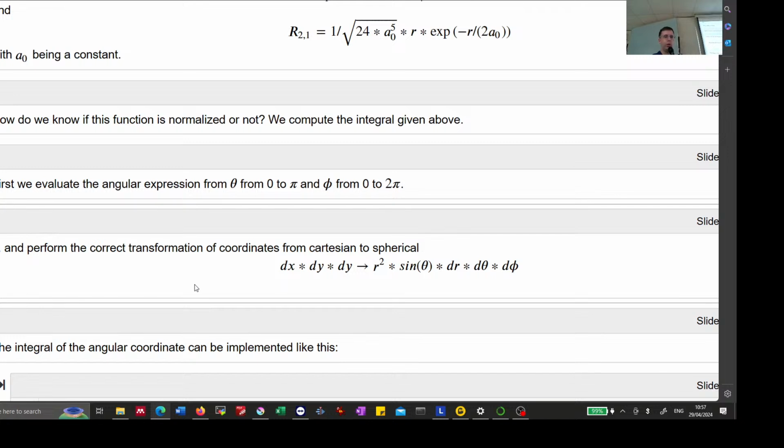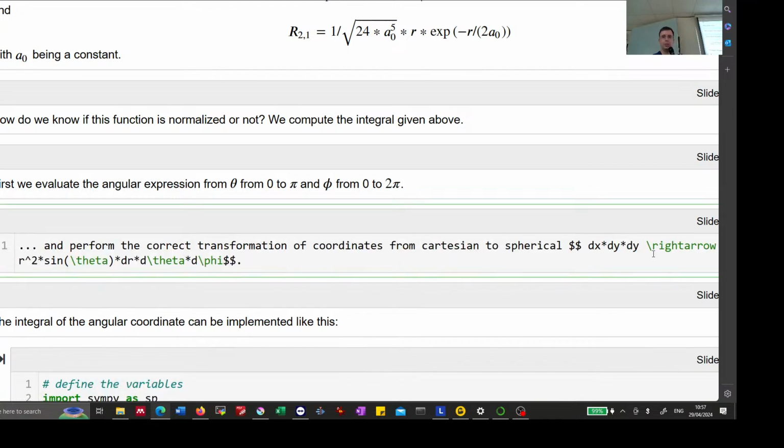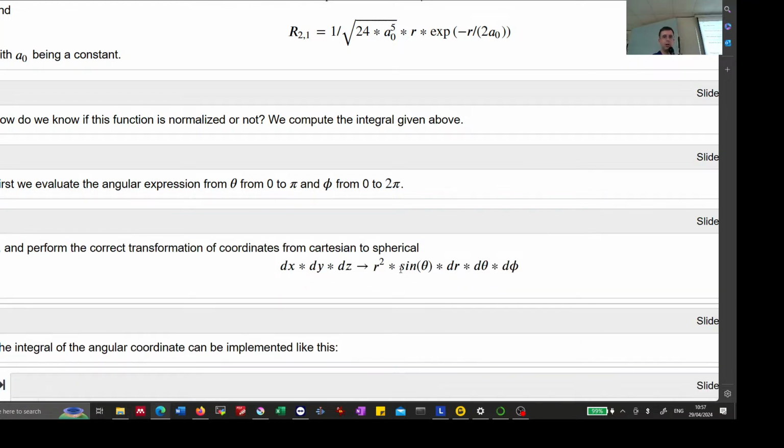When we work with spherical coordinates, we also need to do the transformation of the volume element, dx dy dz, to r squared sine theta dr d theta d phi. So far, so good? You get this, by the way, if you take the matrix form of the unit vectors and take the determinant of that.